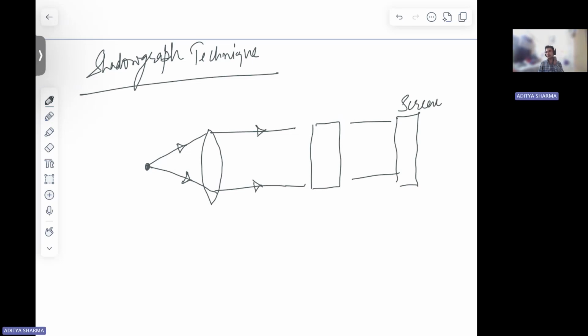Now because of, again, density variations, there will be refraction, change in path of the light rays. So before this density variation, what were the intensities on the screen, right? And after the density variations, what are the intensities on the screen? So through this difference, we try to get the density variations, the change in the intensity of light. Okay.